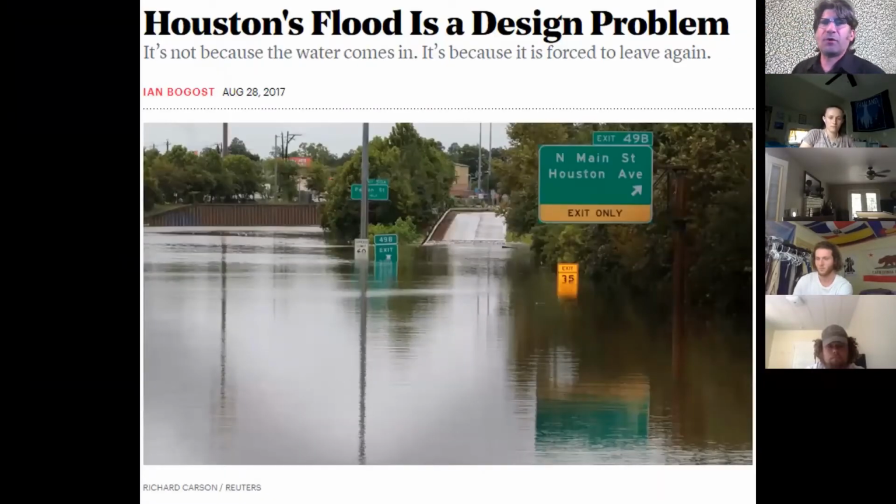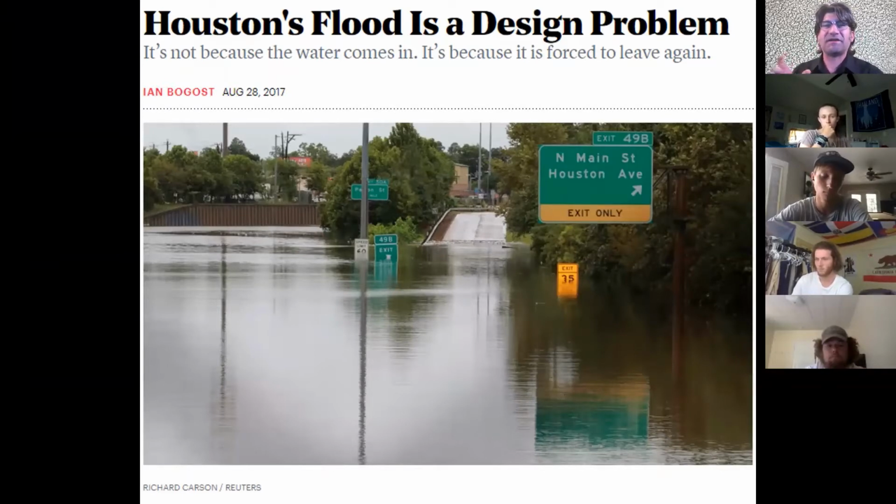And so for some people, when we think about why the flooding was so severe and why it left so many people homeless, it's not just the hurricane, it's a design problem. It's how do we design cities to effectively move this water away from people and away from infrastructure. And interestingly, I showed you that crazy picture of the freeway that was completely underwater.